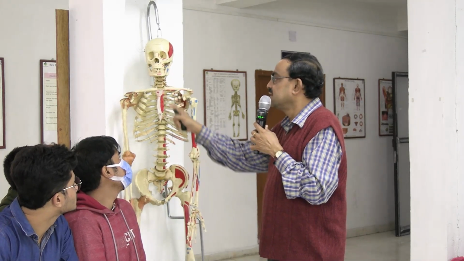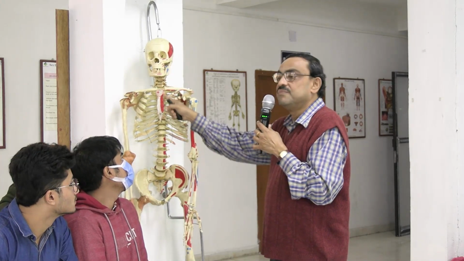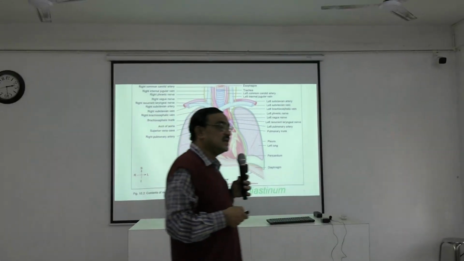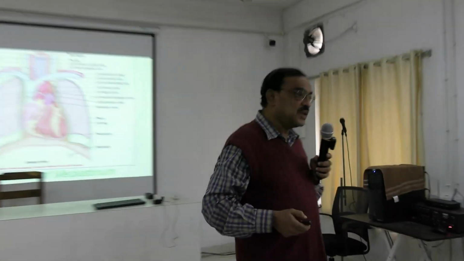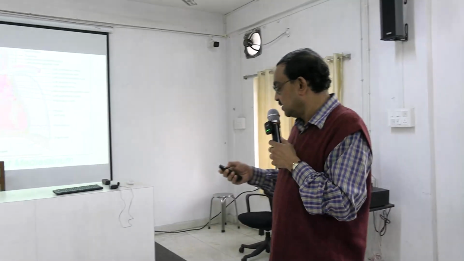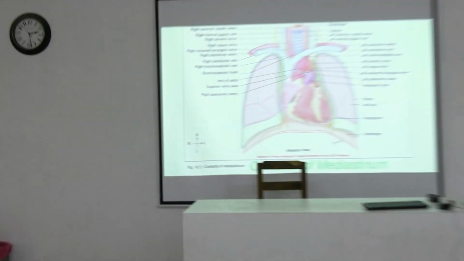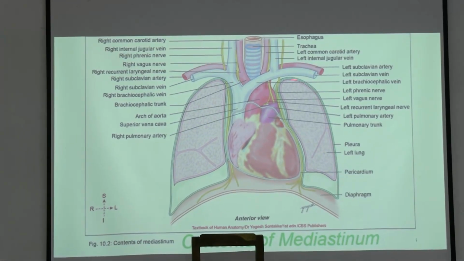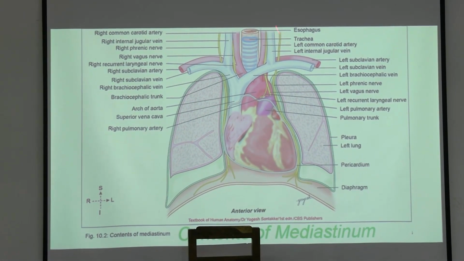So in the superior mediastinum, most anteriorly we can find the superior vena cava and the brachiocephalic veins, right and left.